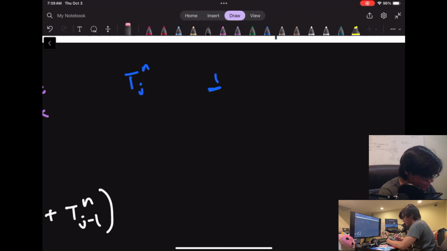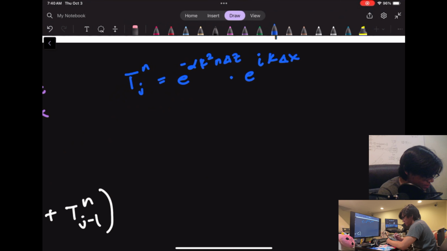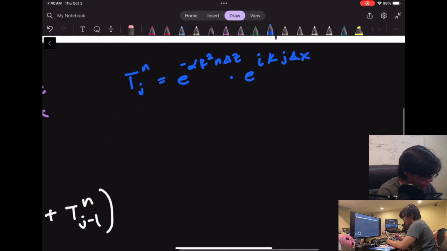If this is j, I believe it's negative alpha k squared t, and then technically it would be this, and then i k x, the imaginary number, k the arbitrary scalar value, and our change in x. So remember when we added a j+1, this was the exact same as our base t_j^n, except now we had a j+1 here.